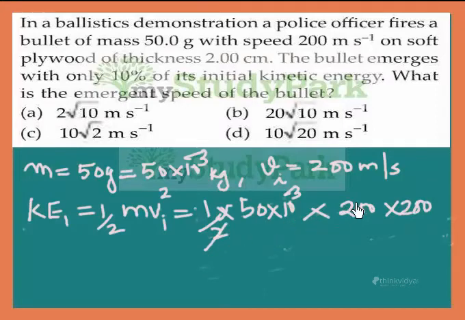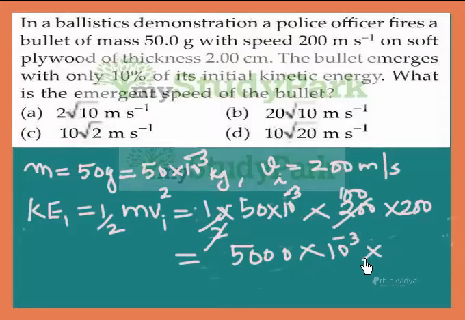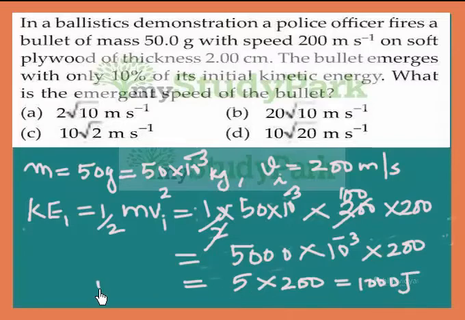You have 2 and 200 cancelling out for a value of 100, and you would get 5000 into 10 to the power of minus 3 into 200, and that will leave you with a value of 5 into 200, and that gives you a value of 1000 joules. So this would be the initial kinetic energy.